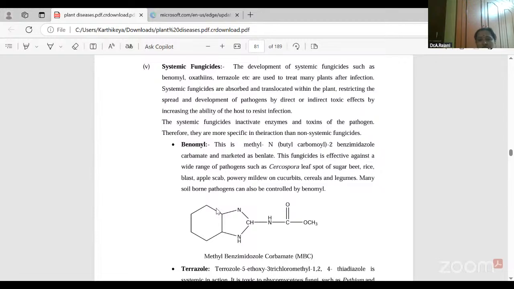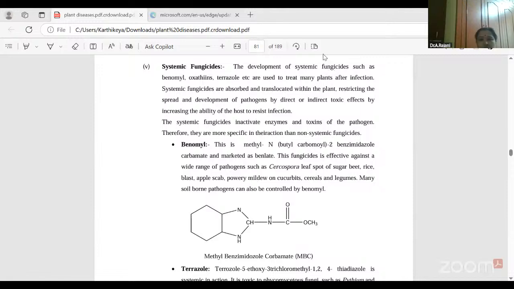Systemic fungicides are absorbed and translocated within the plant, restricting the spread and development of the pathogen by direct or indirect toxic action. This is a main source of disease control.